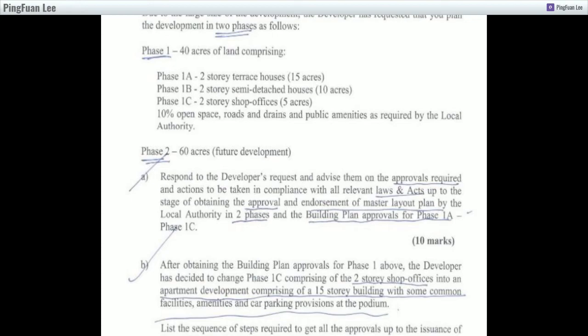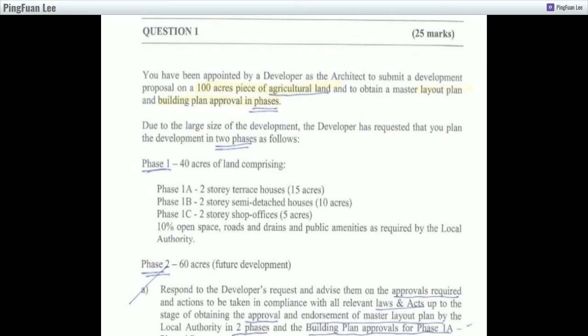I don't think that's an issue, because you're going to get back the entire piece of 60 acres in one title. It's already two titles? What, it's one title or two titles? It will be at least two titles. Originally, it's one title, because it's on a 100 acres piece of land.